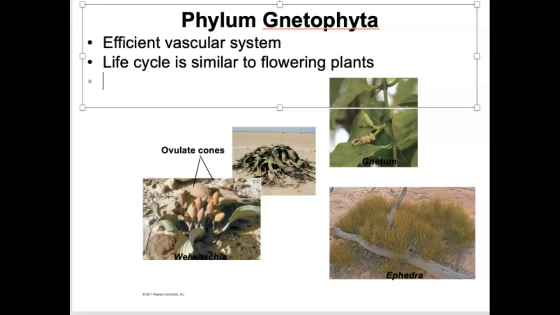Their life cycle is pretty darn similar to flowering plants. So there's going to be some tweaks when we get to the flowering plants, but pretty similar. Some of them are monoecious, while others are dioecious.